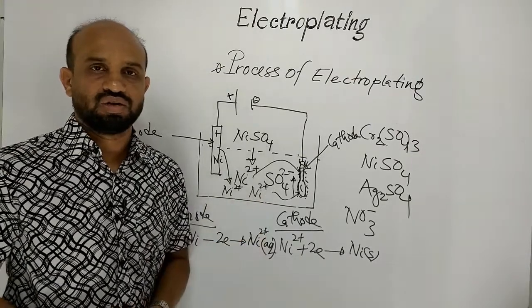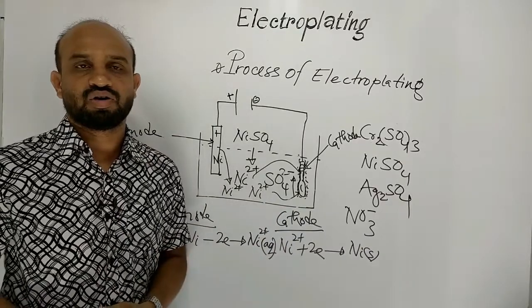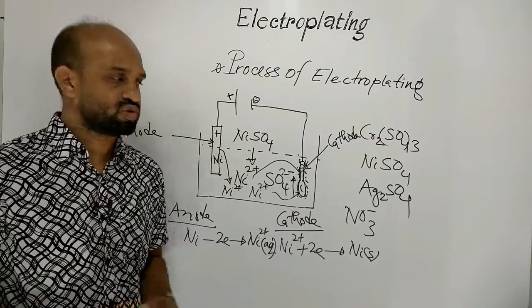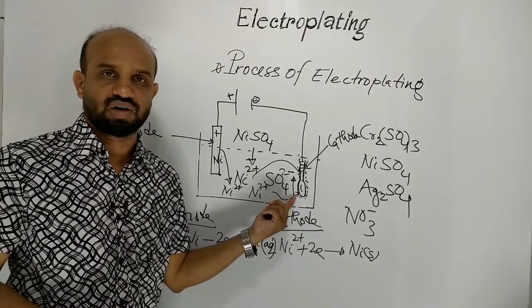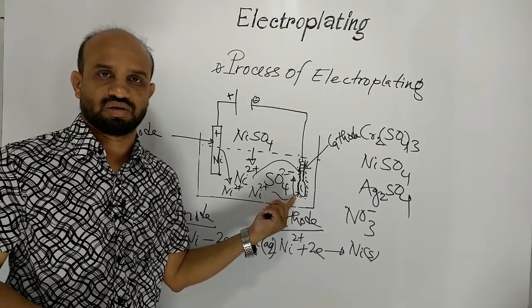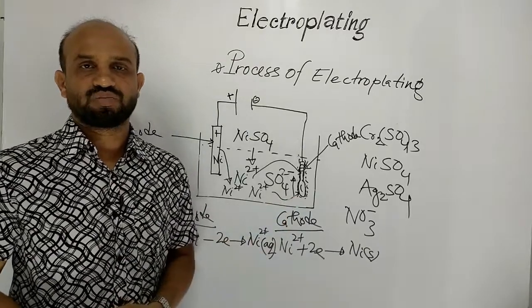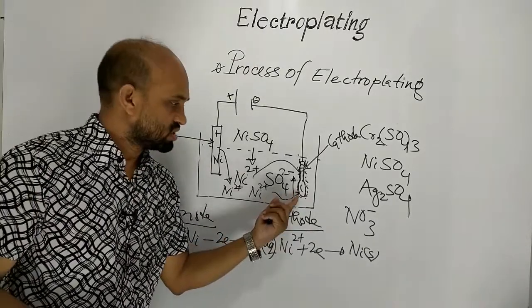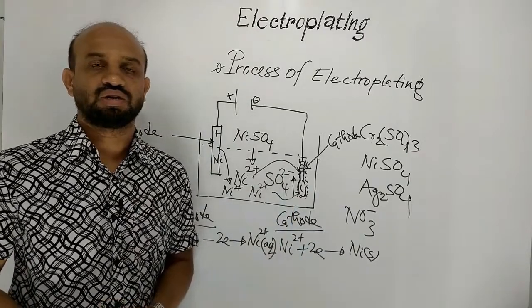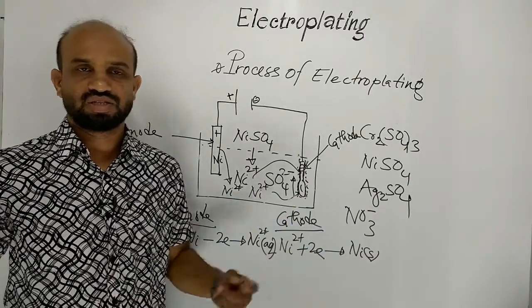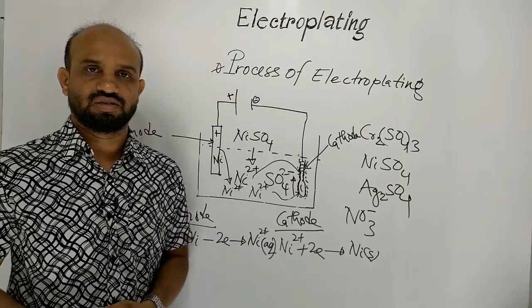This is the way a layer of nickel is formed over the spoon made of iron, a reactive metal. With the passage of time, the whole spoon is covered with a layer of nickel. This is called electroplating.